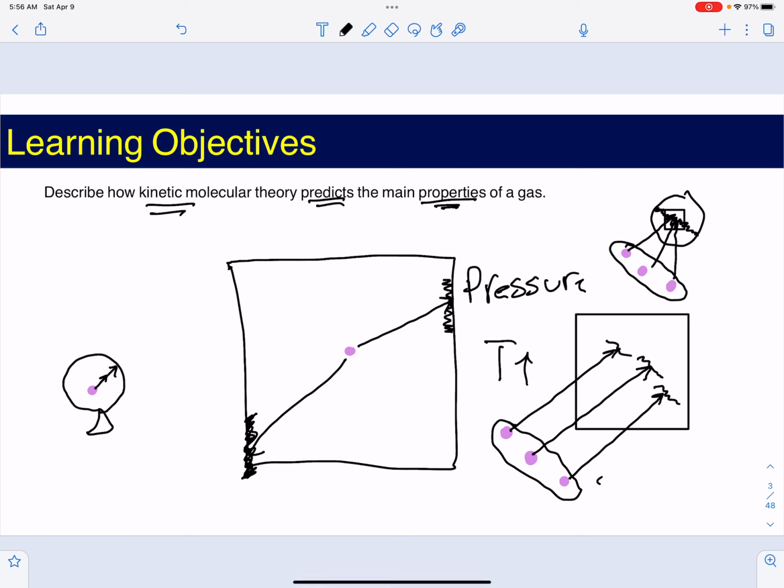That's why if I have particles moving inside a balloon and they're hitting the walls in all random directions, if I made this balloon smaller, and the particles are still inside, right?